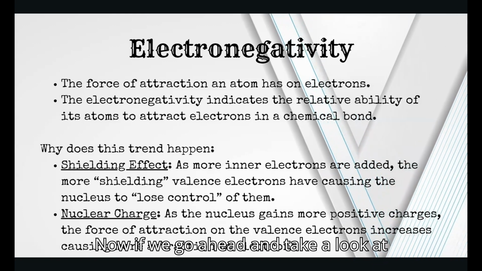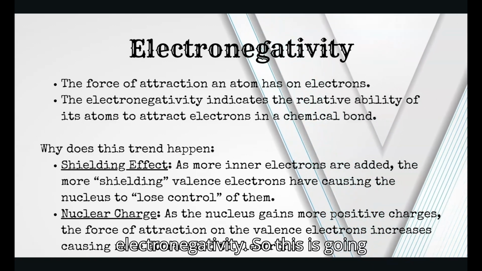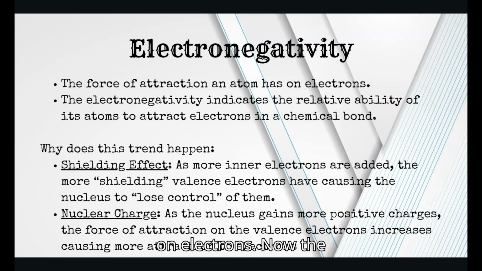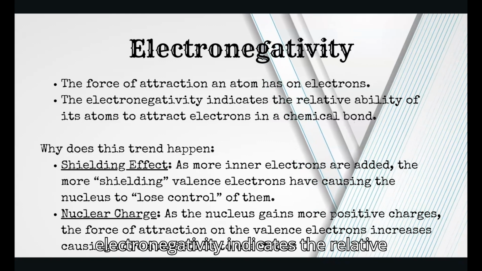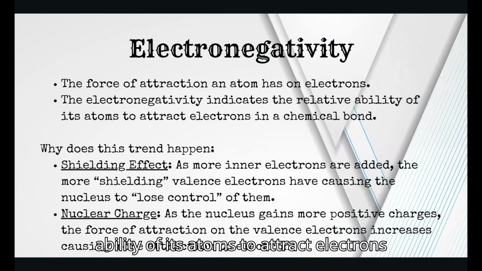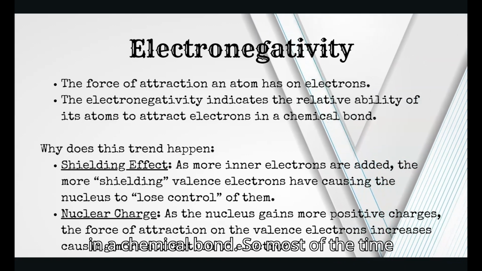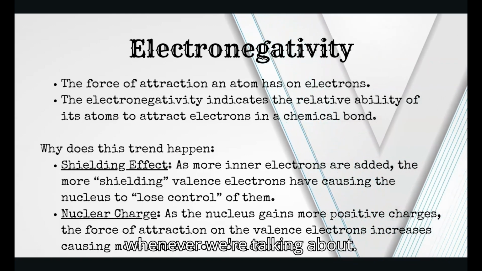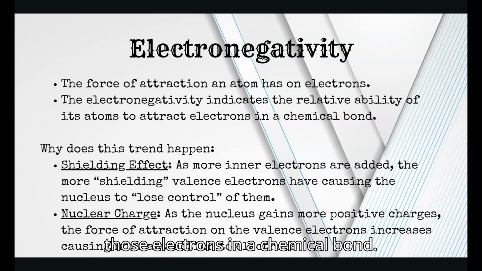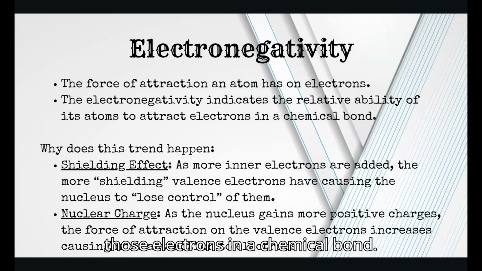Now, let's take a look at electronegativity. This is the force of attraction an atom has on electrons. Electronegativity indicates the relative ability of its atoms to attract electrons in a chemical bond. Most of the time, whenever we are talking about electronegativity, it is going to be those electrons in a chemical bond.